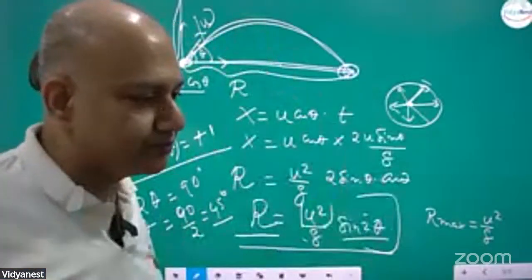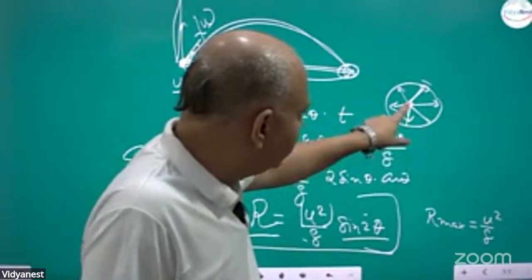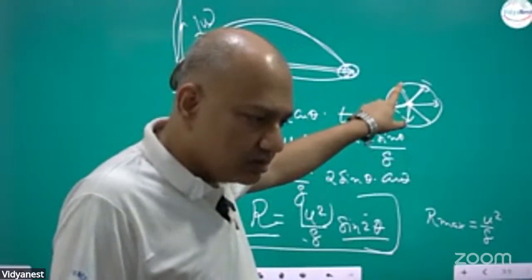This maximum range is possible in every direction, because the gun can be fired in any direction. Therefore this is the radius, and we take that radius like this.